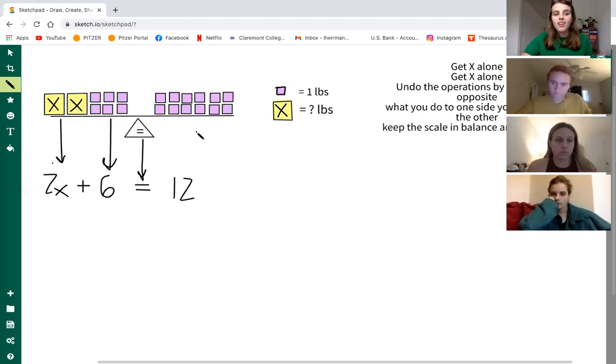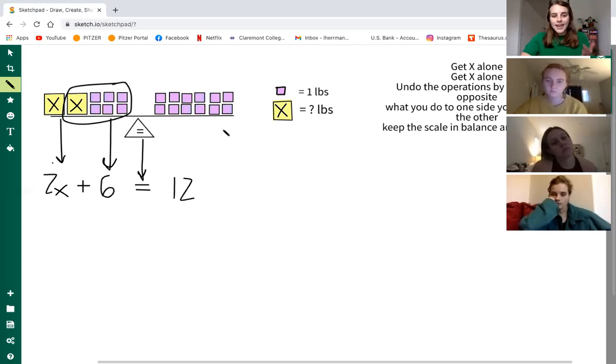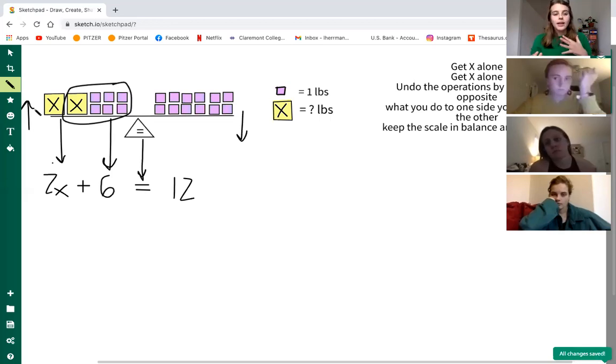But if I do that, our scale is going to become unbalanced. If I take all these off the left side, our scale is going to tip. This is going to go down and this is going to go up. We need to keep it balanced. So if we go back to our chant, we remember that we can add and subtract things. We just have to do it to both sides of the scale.